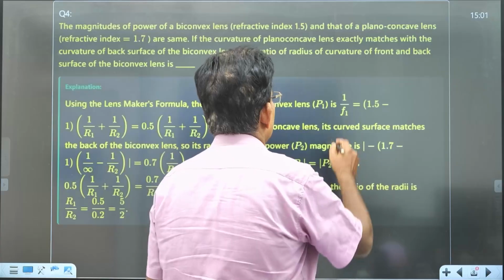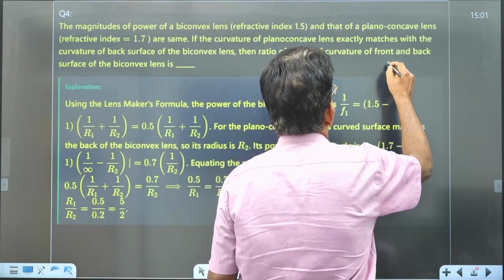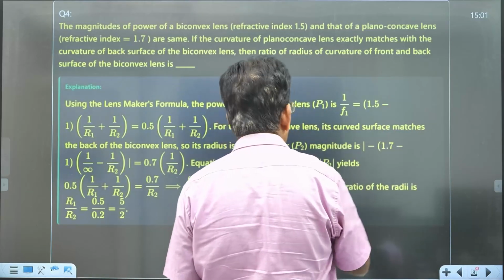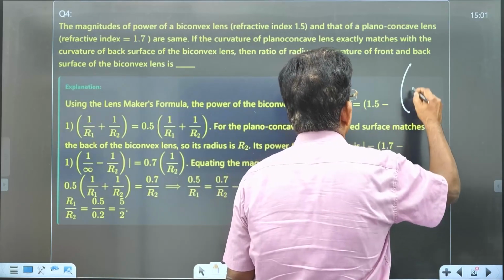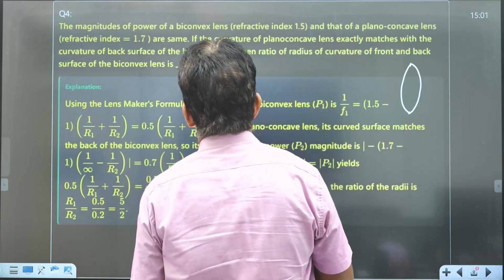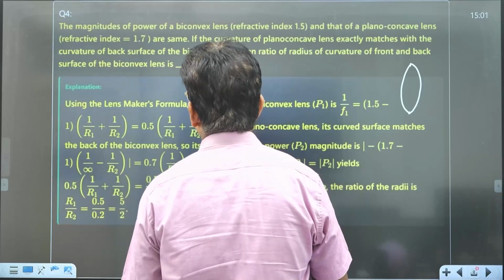Yes, this is the biconvex lens. It is told that the curvature of the plano-concave lens exactly matches with the curvature.